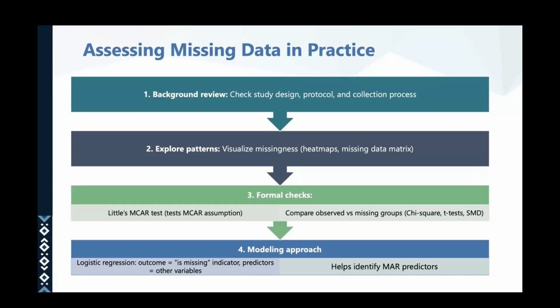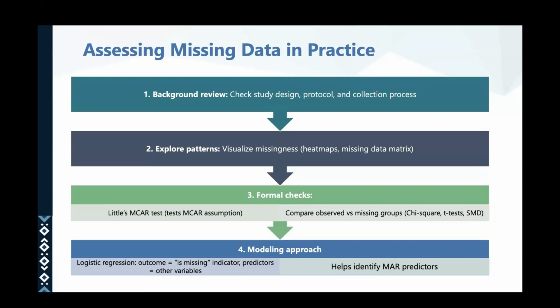So, for example, if you have BMI as a measure of your key outcome, you could create another variable: participants missing BMI versus those who have BMI data. And then you compare other variables, covariates, predictors, by this new outcome missingness indicator. And you can use tests like the chi-square test, t-test, and so on to compare. We'll look at an example in a moment.